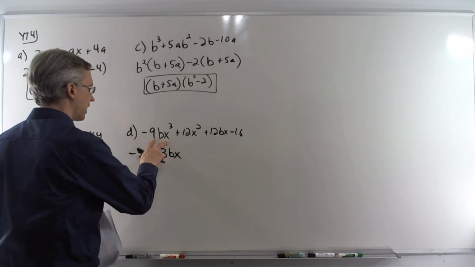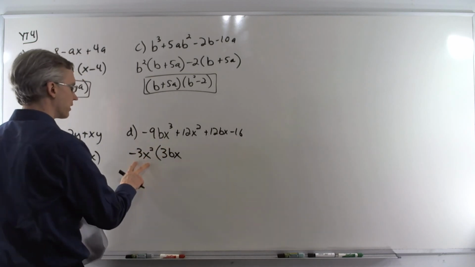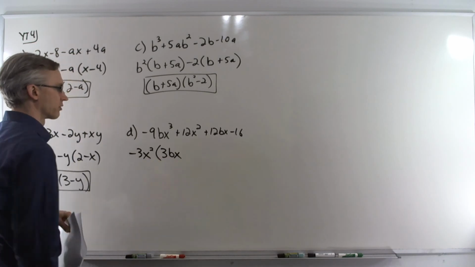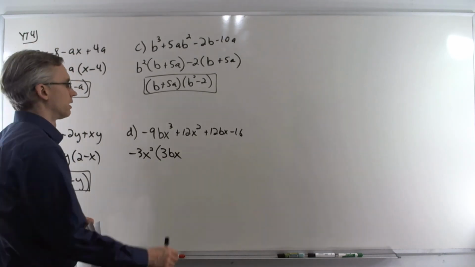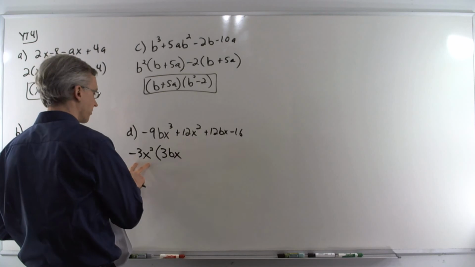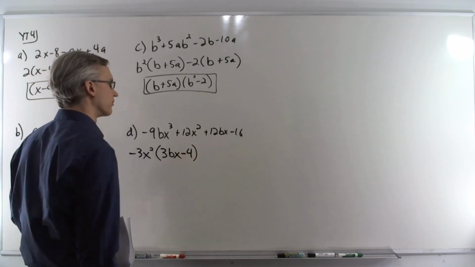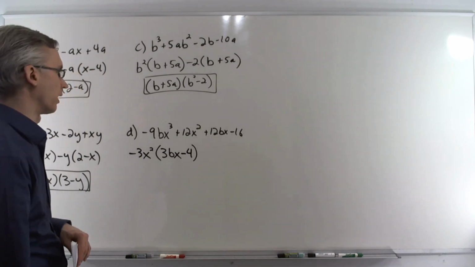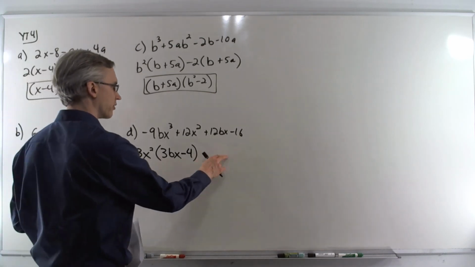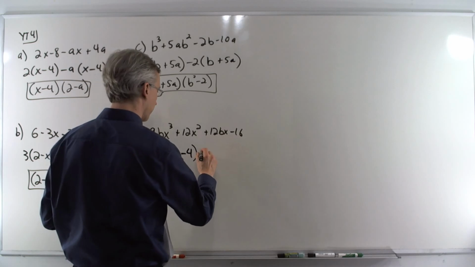So we do negative 9bx to the third divided by negative 3x squared. That gives us 3bx. Now we'll do 12x squared divided by negative 3x squared, minus 4. Alright, so now we want 3bx minus 4 in parentheses over here, so we can factor out a positive 4.